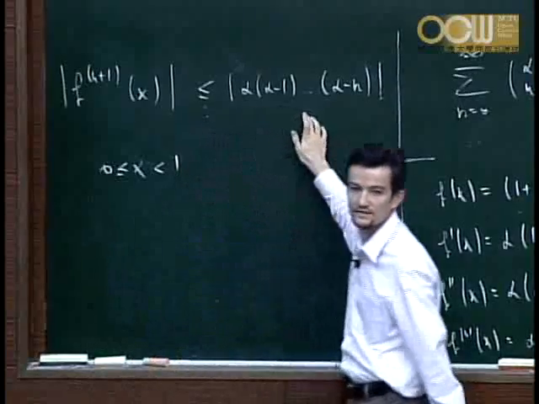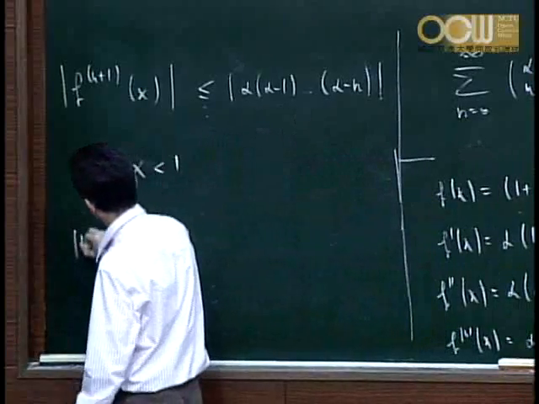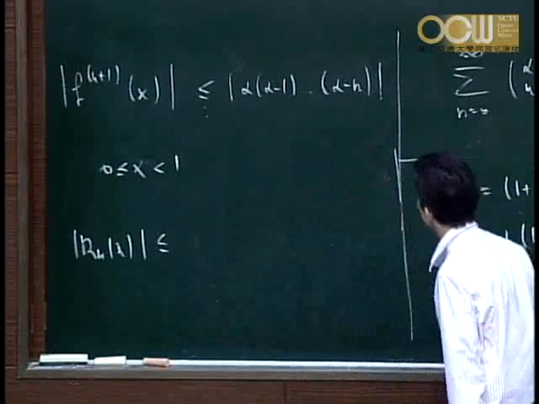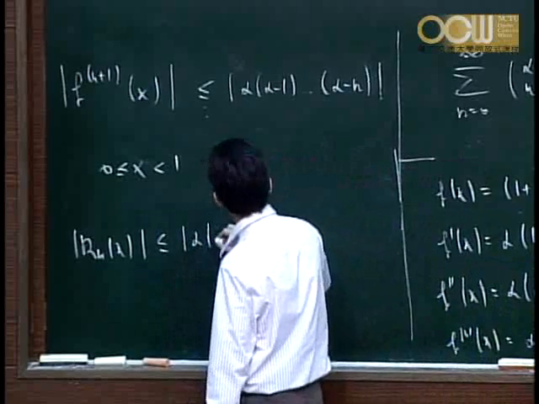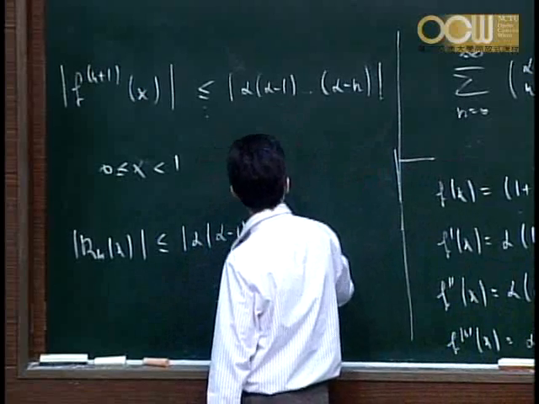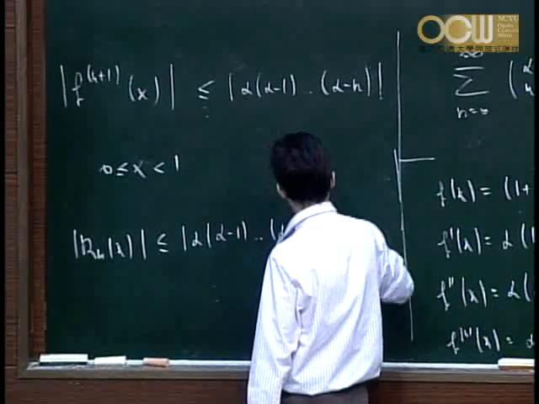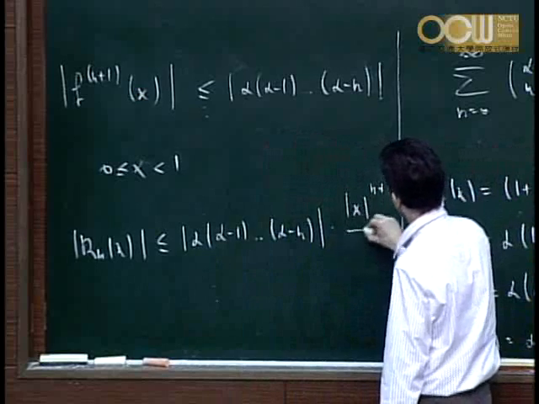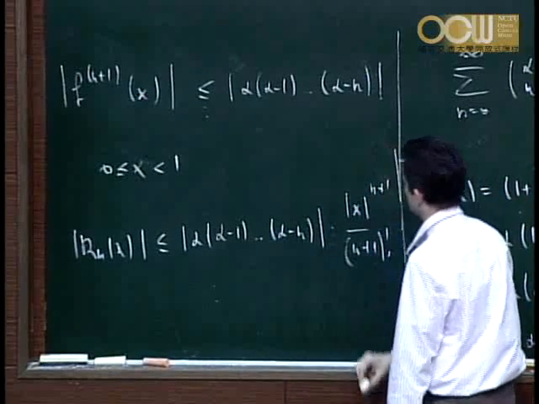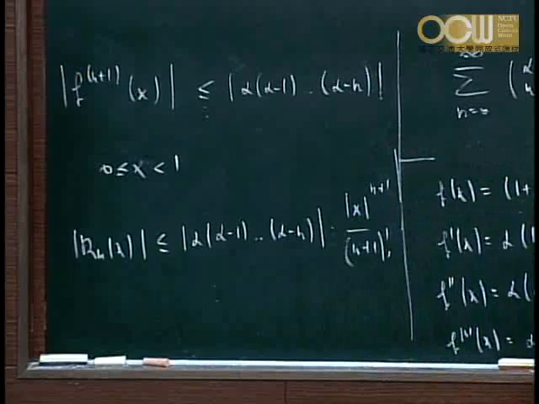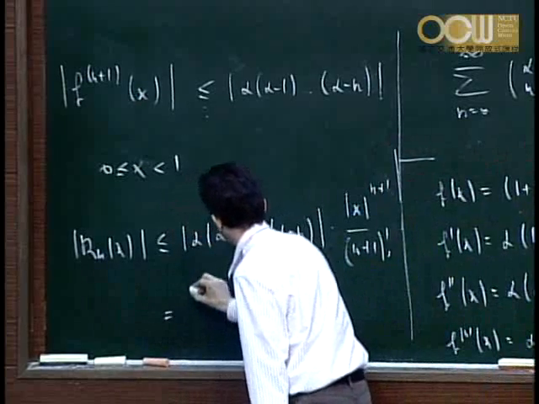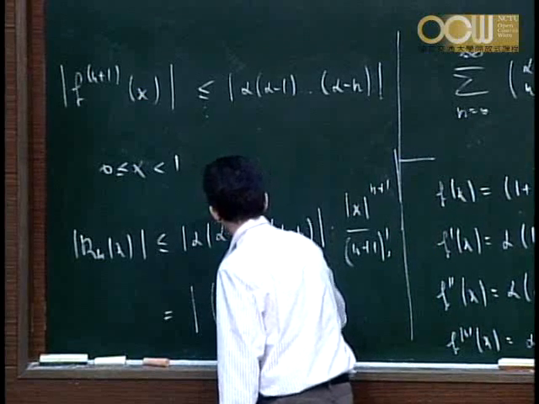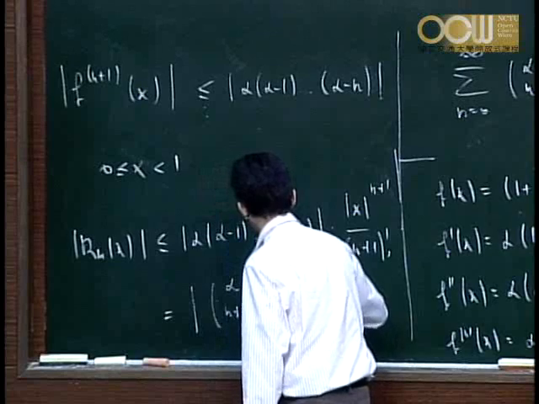This bound. Then from Taylor's inequality, what do we get? We have the absolute value of the bound times the absolute value of x to the n plus 1 over n plus 1 factorial. But actually this can be written as the absolute value of alpha choose n plus 1 times x to the n plus 1.